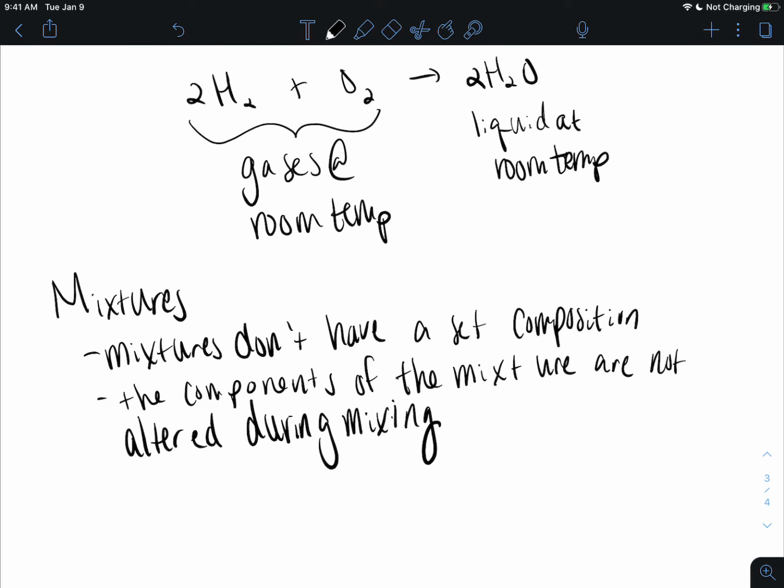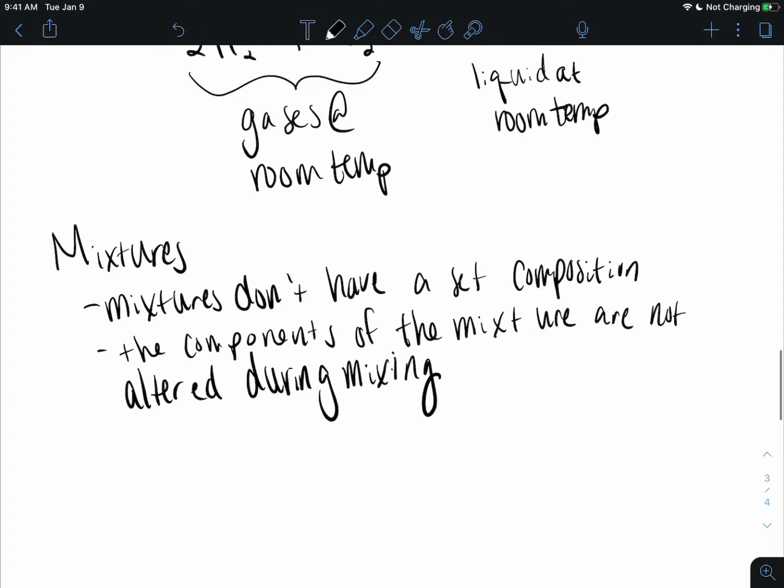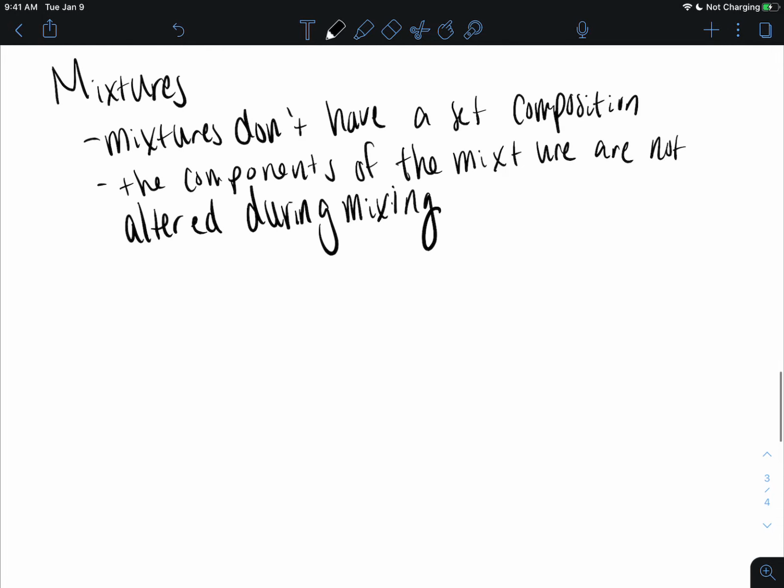You put them together, but your pure substances are still the same substance, so no chemical reactions are occurring. And in theory, any mixture can be broken down or separated into its pure substances using physical means.